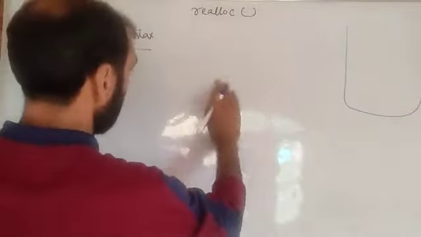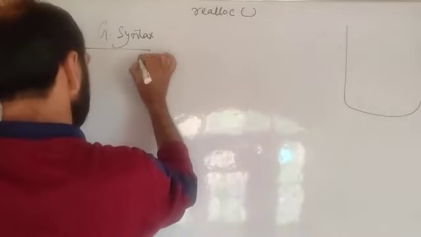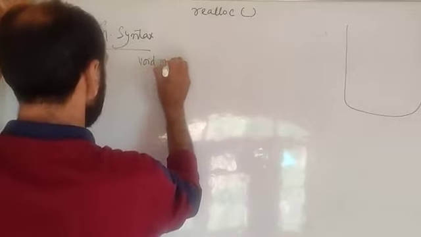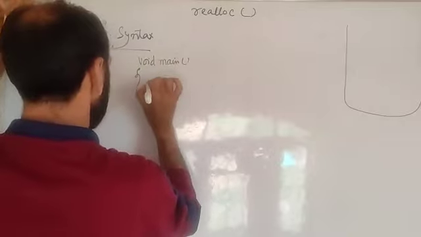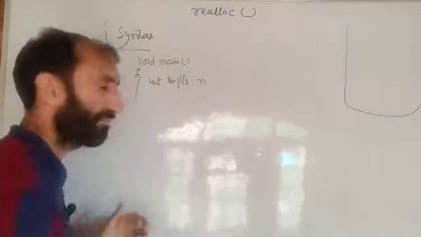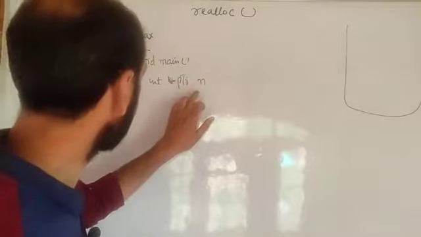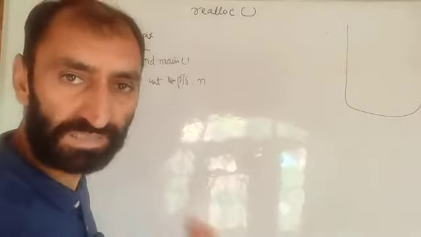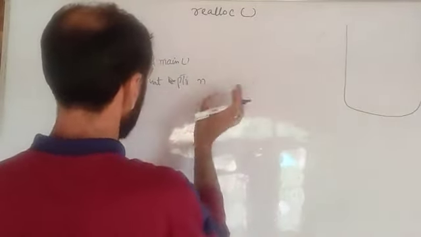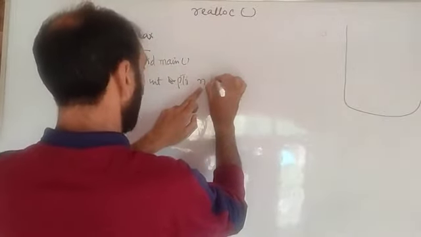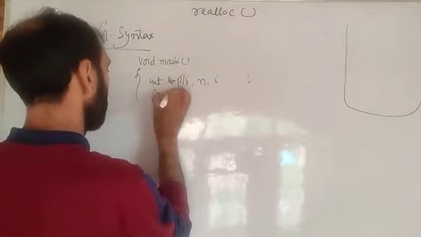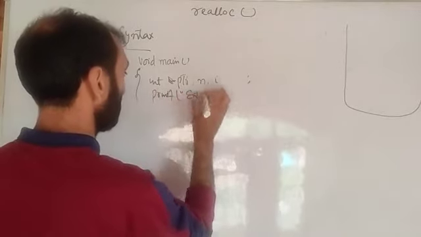So here I will write a small program. void main, and I want to store an integer pointer here, and n is the number of elements I want to store in the dynamically allocated memory space. Then printf: enter the limit.